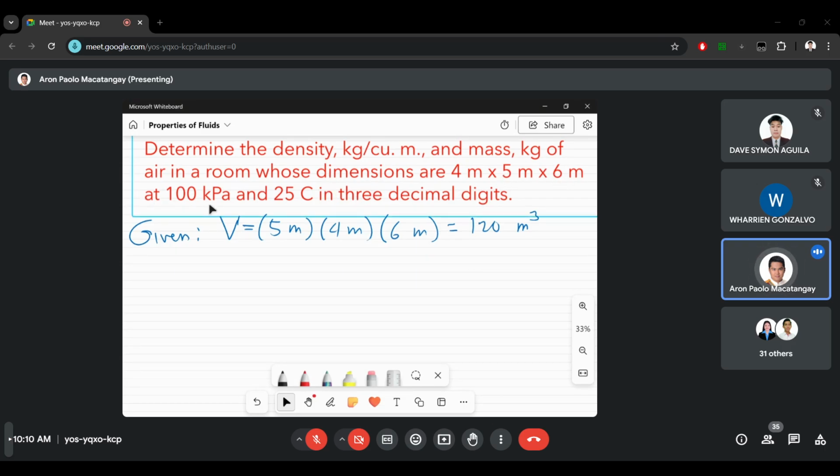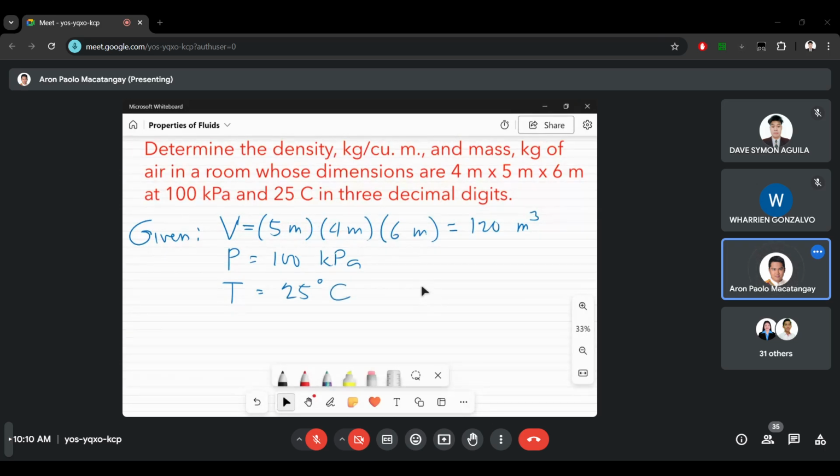At 100 kPa, so that is my pressure, 100 kPa, and 25 degrees Celsius. That is my temperature, 25 degrees Celsius.